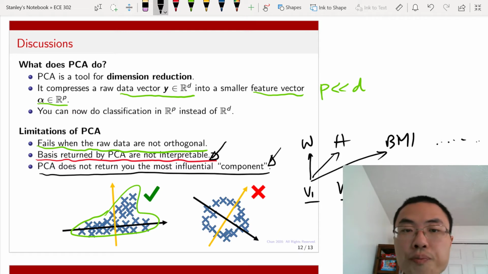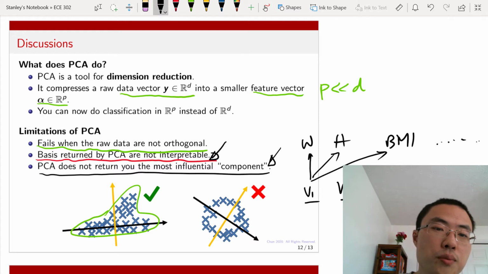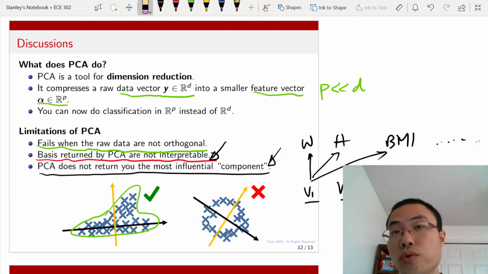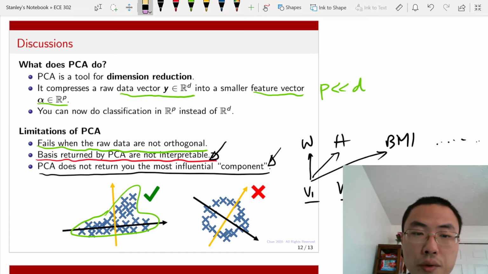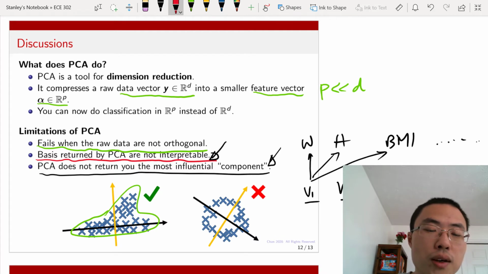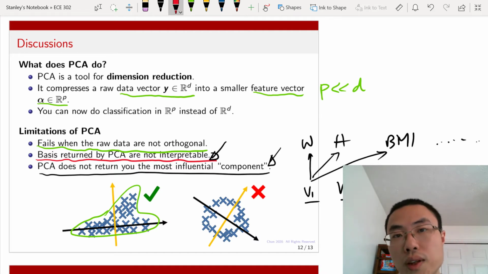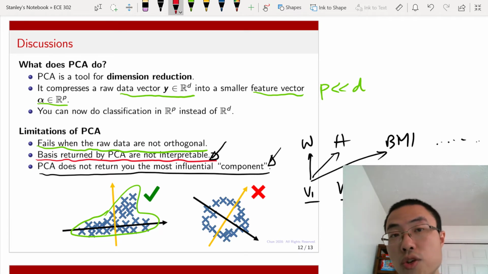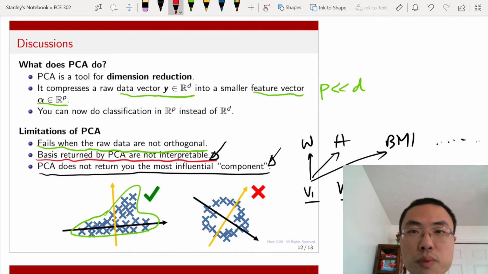You don't know that, and therefore PCA has a fundamental limitation that it doesn't tell you anything that you want to interpret. However, it is still a very useful tool for you to compress data. For example, in the image classification case, if you can compress the dimension to a low-dimensional space, that is still a very useful technique. But as you use the PCA, just bear in mind that it has other limitations.